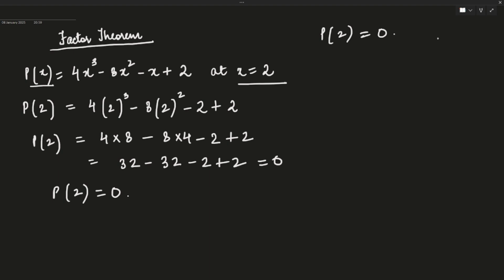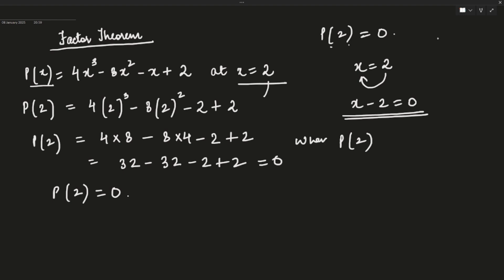In other words, suppose you take x equals 2 and shift the 2 over, it becomes x minus 2 equals 0. So when p(2) equals 0, we conclude that x minus 2 is a factor of p(x).